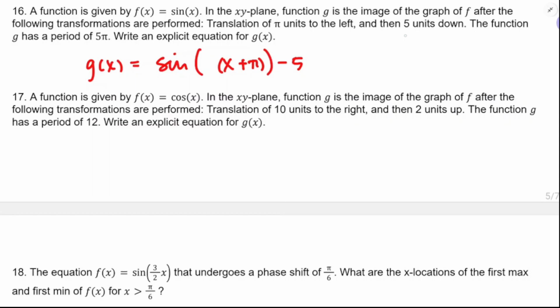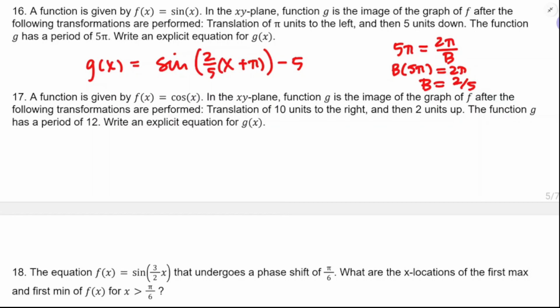So there was some sort of horizontal dilation, and the period equals 2 pi divided by b. I would say outright b times 5 pi equals 2 pi, and then b is going to equal 2 over 5. All right, so 2/5 of x plus pi, minus 5.